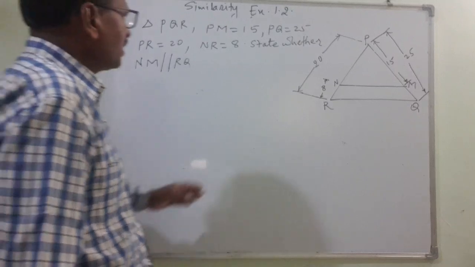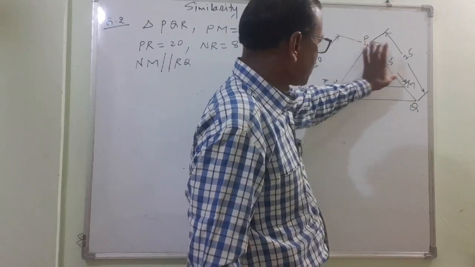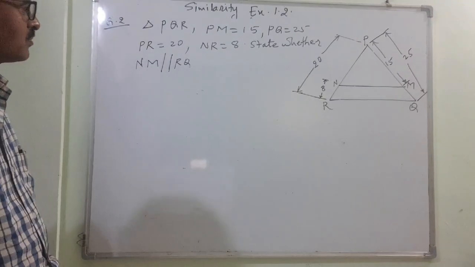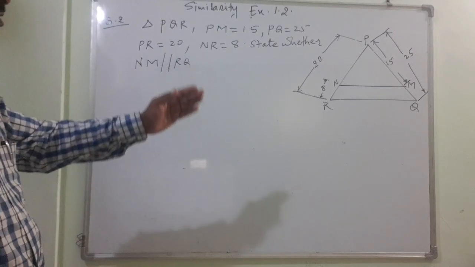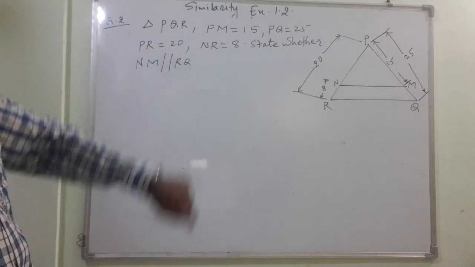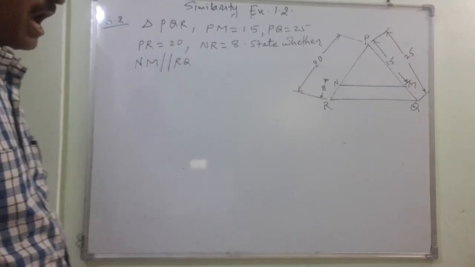Now, if this is parallel, then this upon this is equal to this upon this. That has to come. So, by BPT, what should be there? PN upon NR is equal to PM upon MQ. If this is coming, then we will say by the converse of BPT, NM parallel RQ.